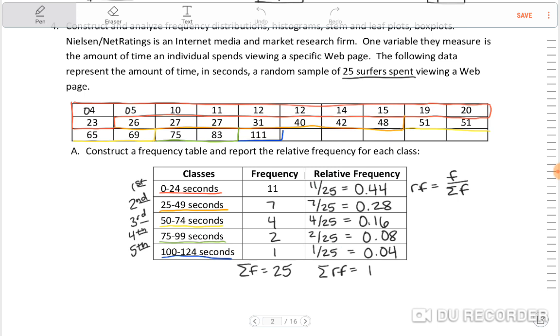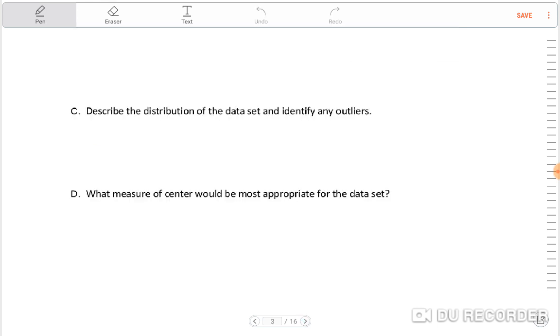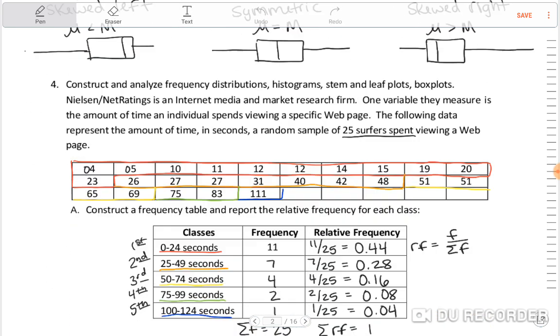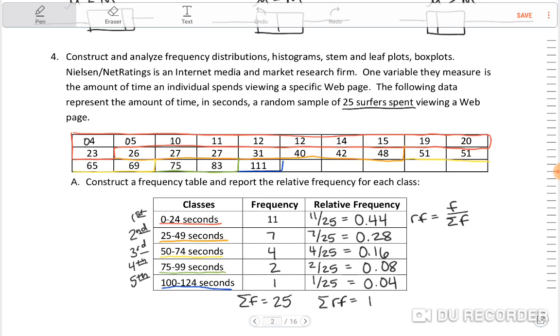So I'm going to look at where my tens place is a 0. Okay, and I've got a 4 and a 5. So my leaves for that one are going to be 4 and 5. Okay. Then over here, when 1 is in the tens place, I've got 10, 11, 12, 12, 14, 15, 19. Okay, so my leaves are going to be 0, 1, 2, 2, 4, 5, 9.